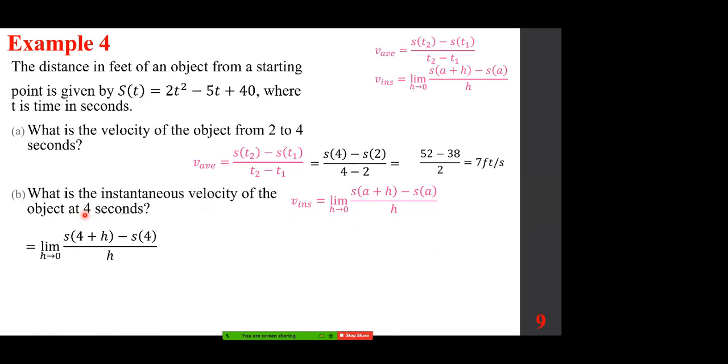So 2 times t squared, that means 2 times (4 plus h) squared. Minus 5t, that means minus 5 times (4 plus h), plus 4. Minus s of 4, you just plug in 4 and evaluate.